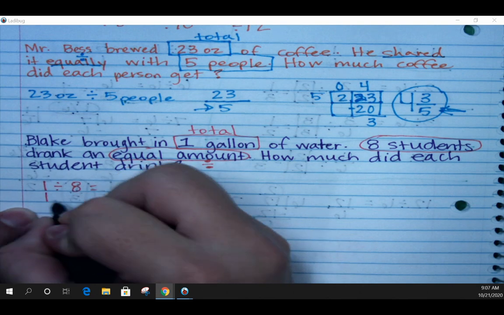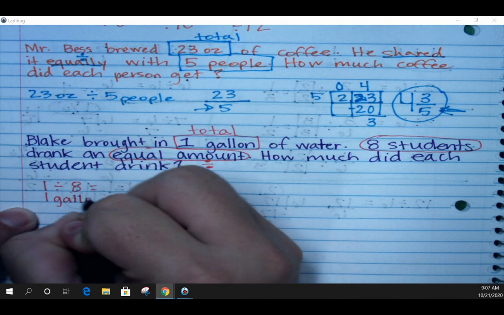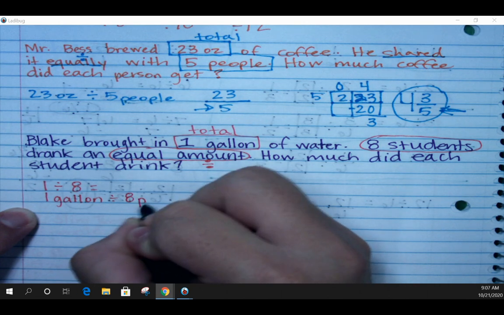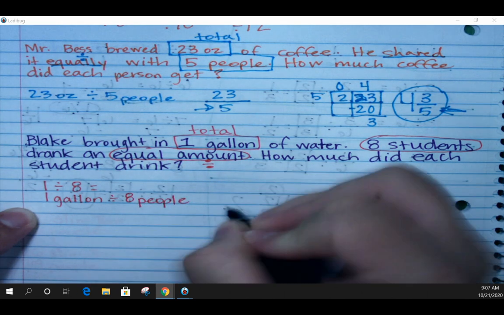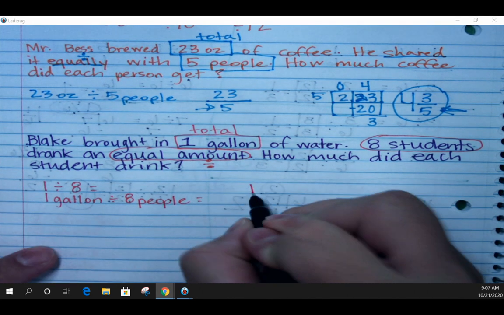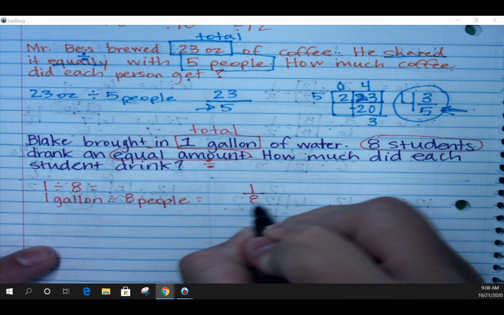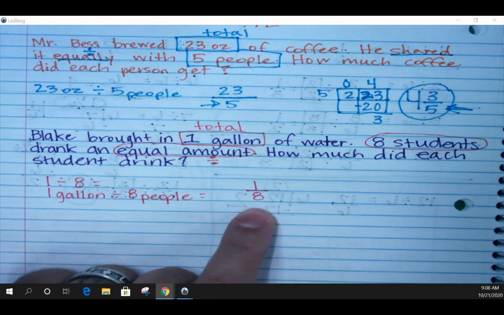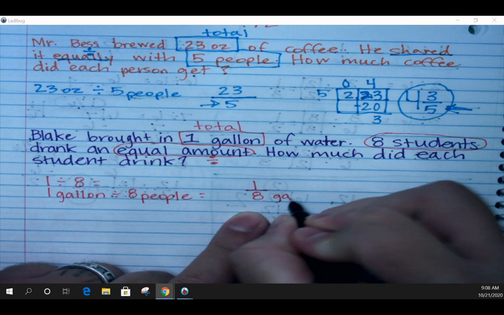Or 1 gallon divided equally to 8 people. Or 1 divided by 8. So if you're one of those 8 people that get to share the water, how much do you get? 1/8 gallon.